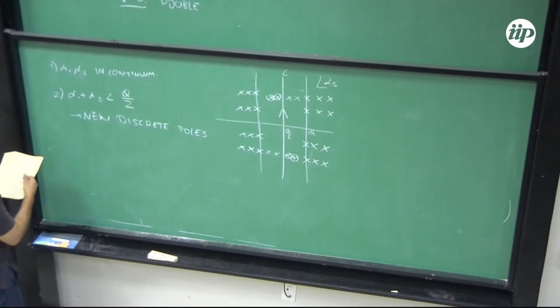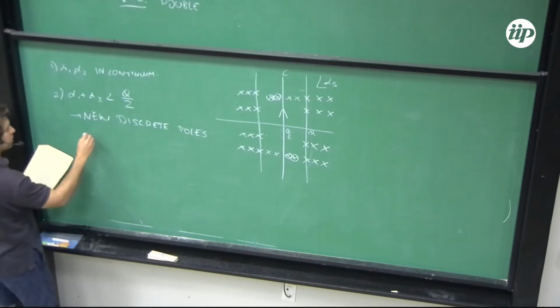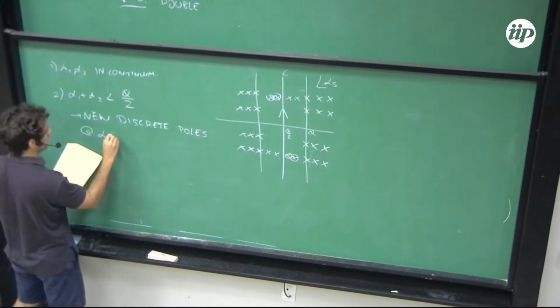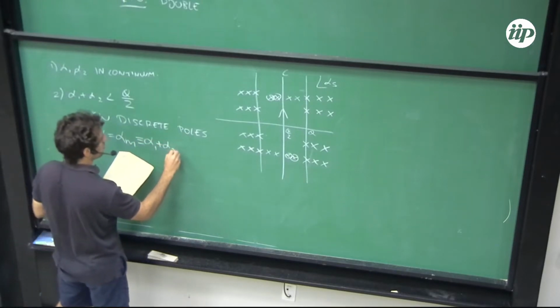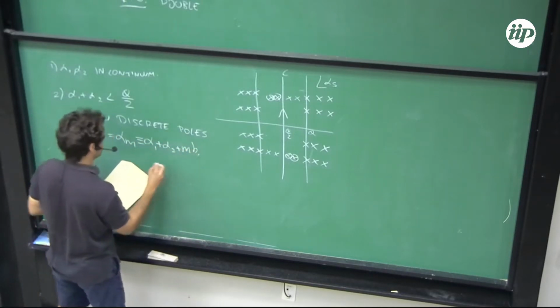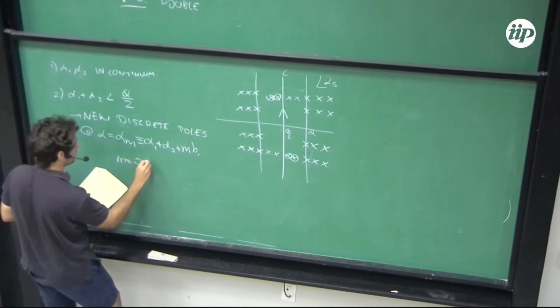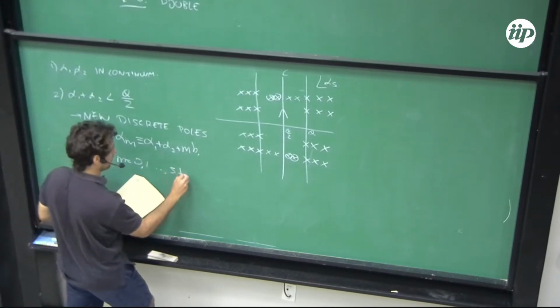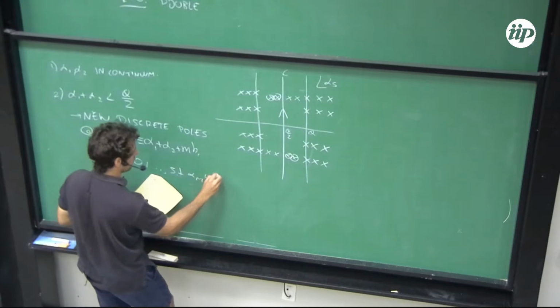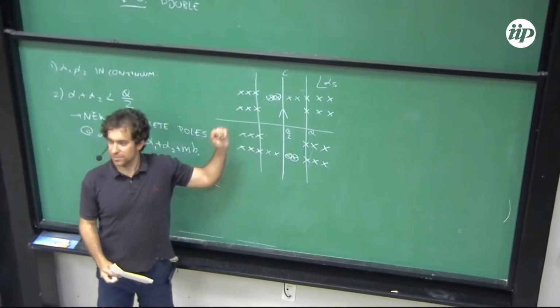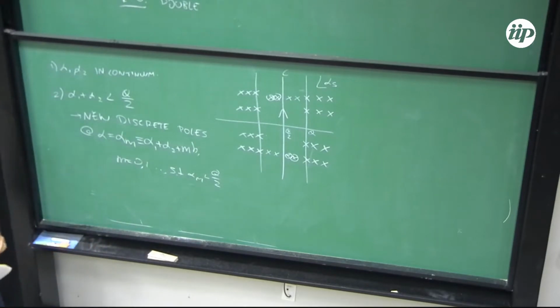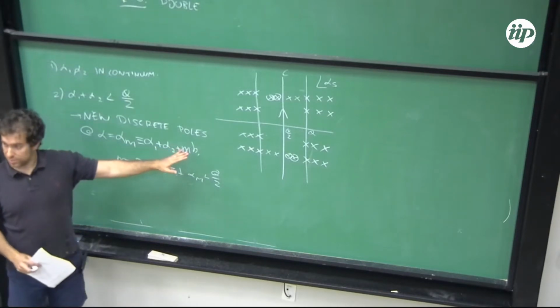So in particular, these poles are at alpha equals alpha m, which we define to be alpha 1 plus alpha 2 plus mb, where m equals 0, 1, and so on, such that alpha m is always less than Q over 2, such that these poles are to the left. That's right, yeah. But just for the drawing, it's better this way. So there's some finite number of these discrete poles.